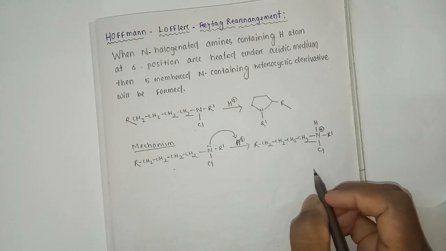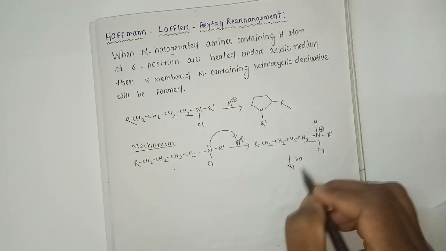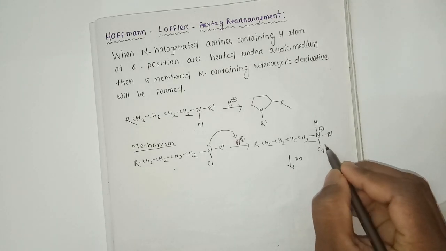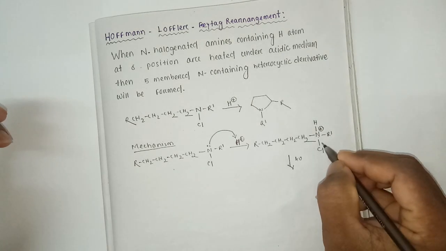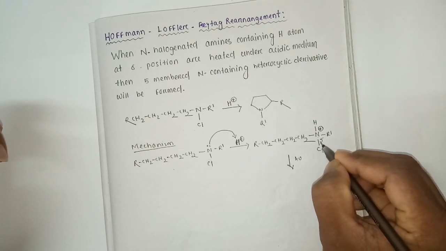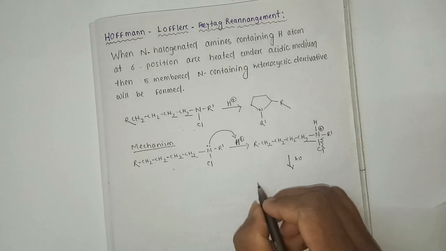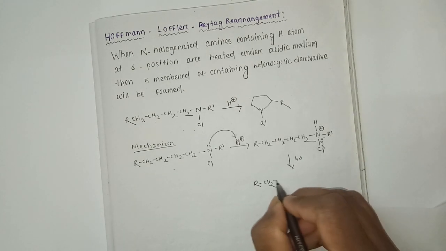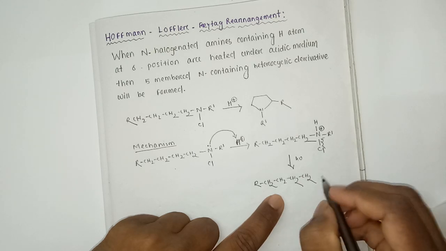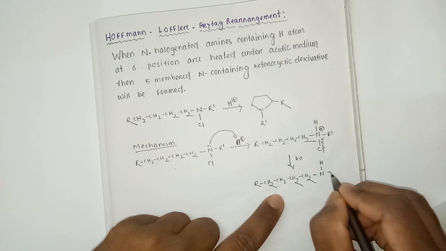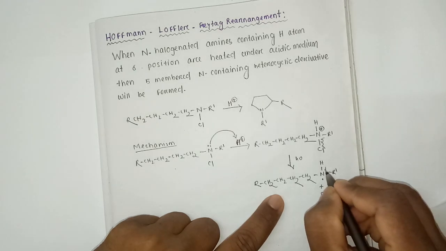Then, in the presence of heat or light, this nitrogen chlorine bond will divide into two radicals. So we get R, CH2, CH2, CH2, CH2, nitrogen, hydrogen, the RDS group, and one radical here, plus a chlorine radical; this already has a positive charge.